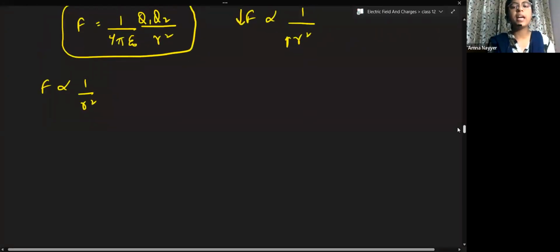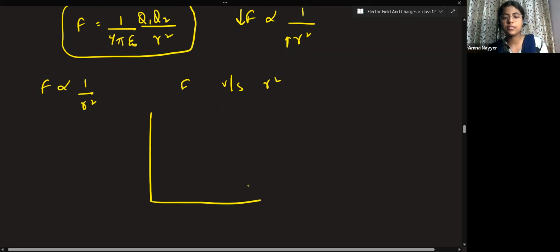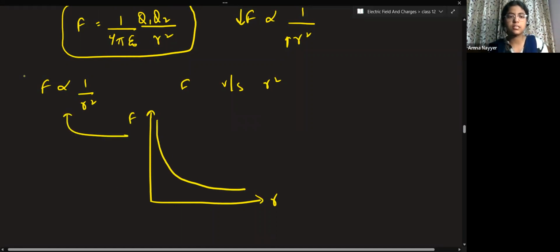So force is inversely proportional to the distance, and we can draw the graph in this manner. This is force, this is radius. Both are inversely proportional to each other, and we get the graph as a hyperbola.